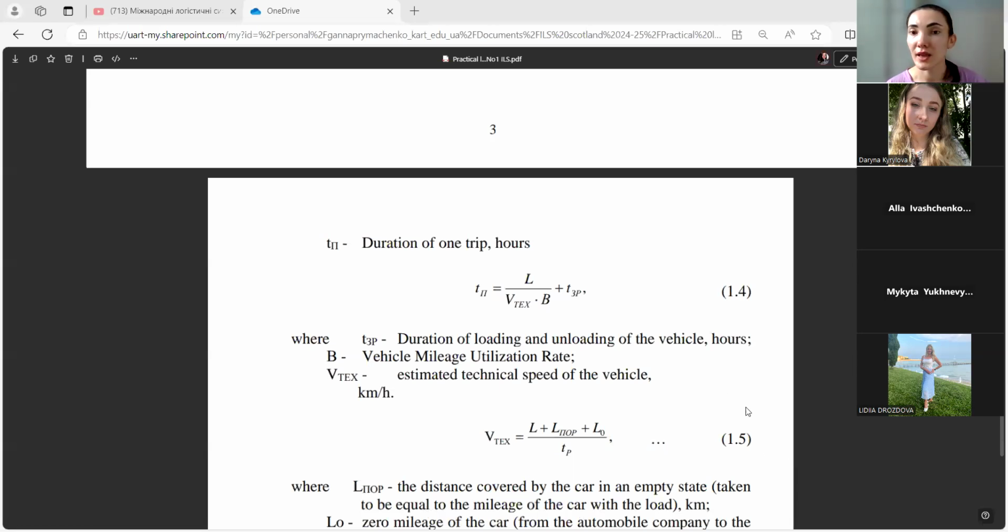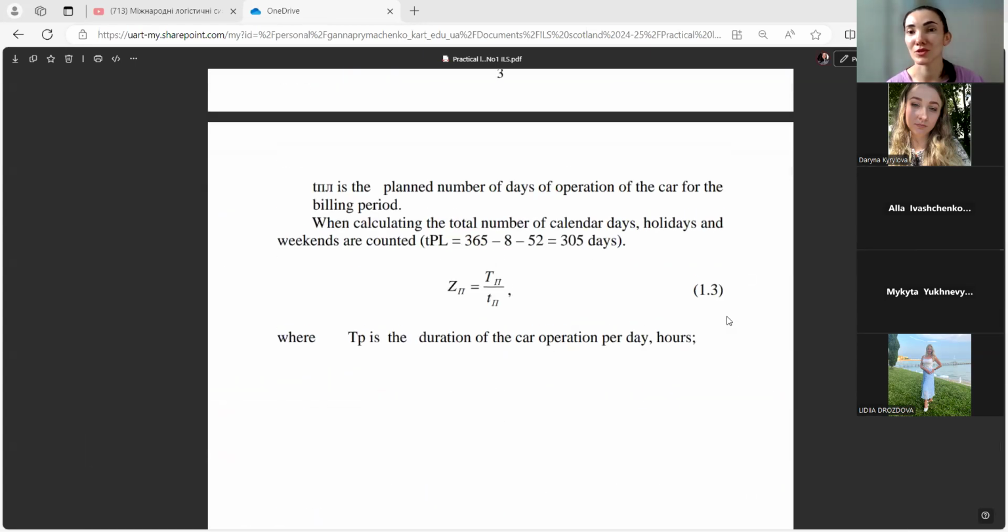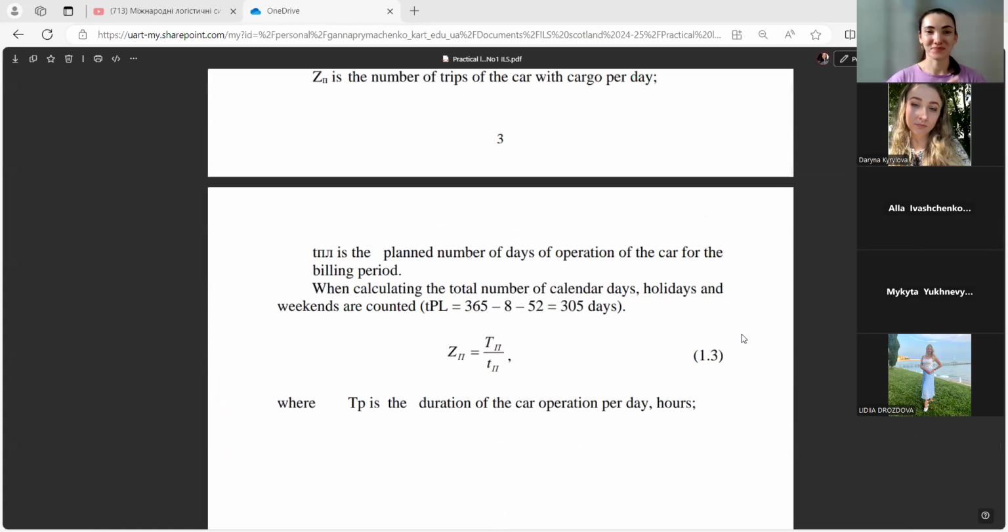Okay, the next our formulas, 1.4 we decided, and the next 1.3. We are going to the first part of our task. So we can look here that when calculating the total number of calendar days, we have 365 days in every year.